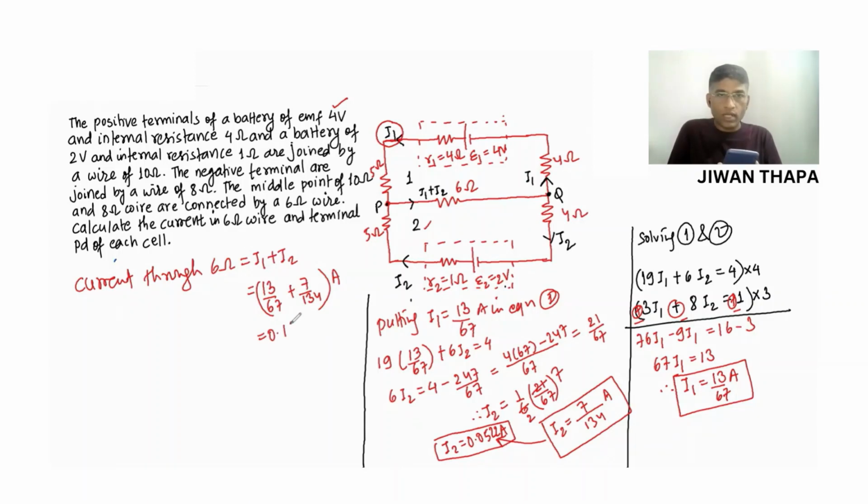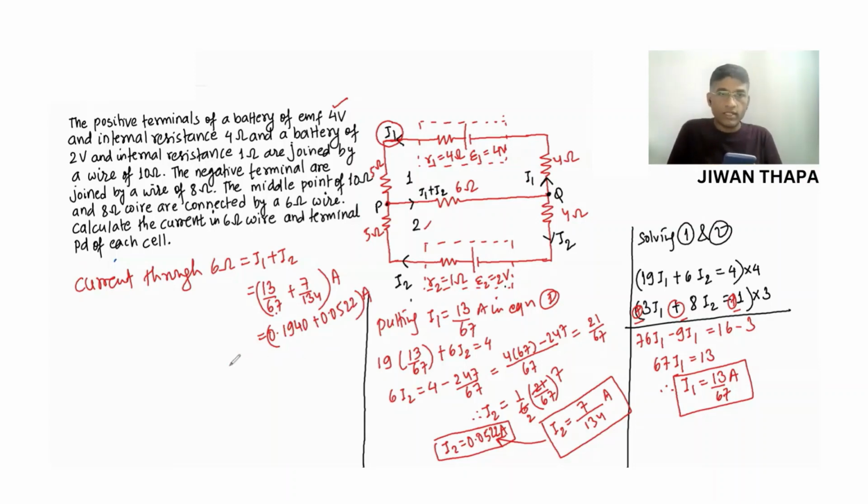So this is 0.194, and we know this ratio is 0.0522. So let's add this plus 0.0522.